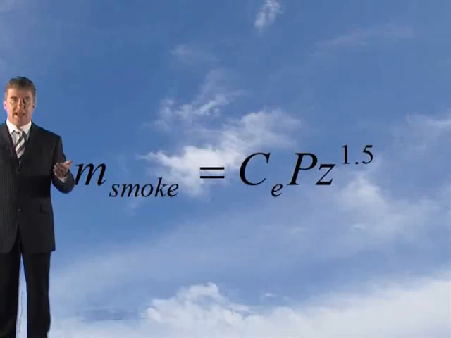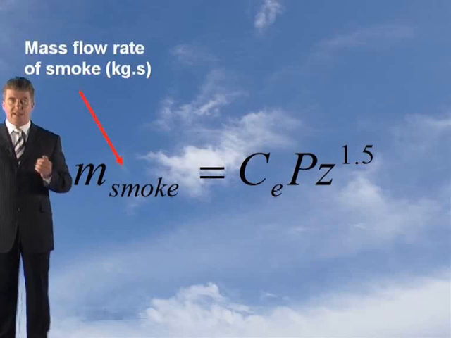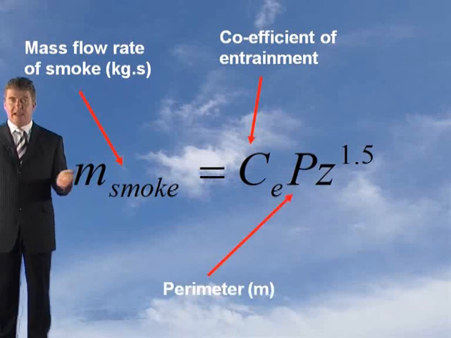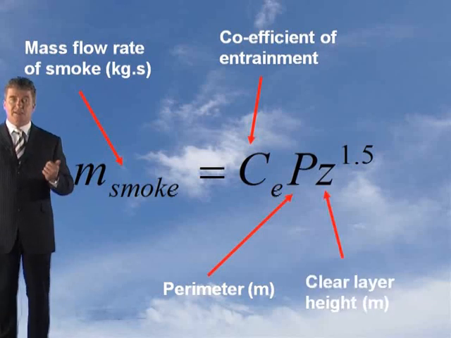M equals CE P times Z to the power of 1.5. Like I say, where M is the mass flow rate of smoke in kilograms a second, CE is the coefficient of entrainment, P is the perimeter of the source. Don't forget the perimeter. And Z is the clear layer height in metres. Now, in this case, we need to establish which coefficient to apply.